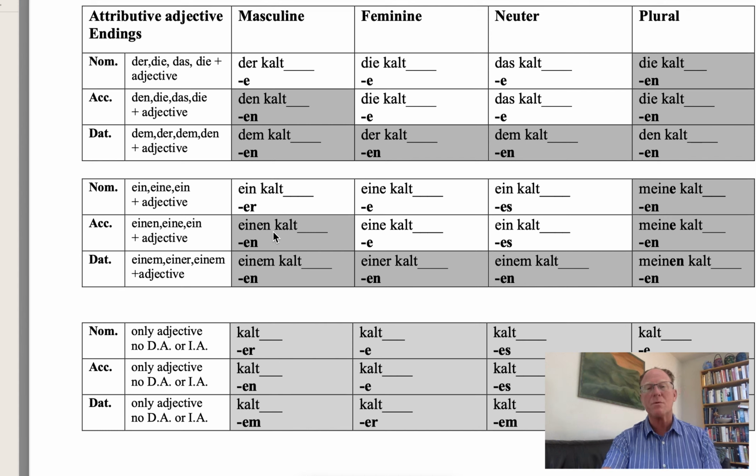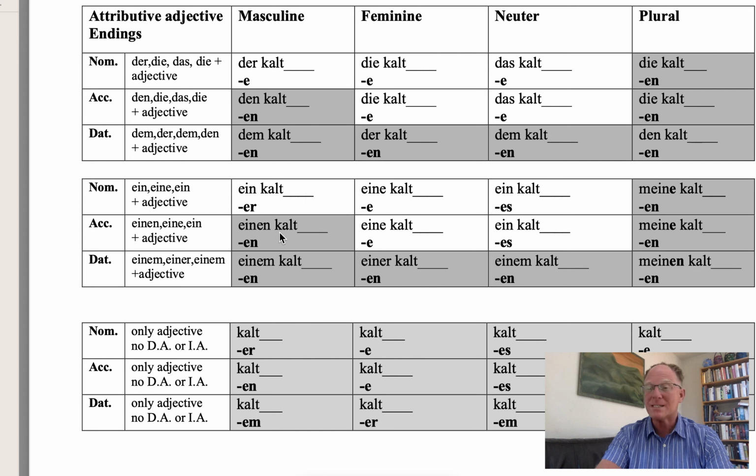Now that can be a possessive adjective like mein, dein, sein, or ein or kein plus an adjective. So for example, when we look at the second table, you'll look at the second line of each stanza, and you will see as a subject a cold tea. Ein kalter Tee ist auf dem Tisch.